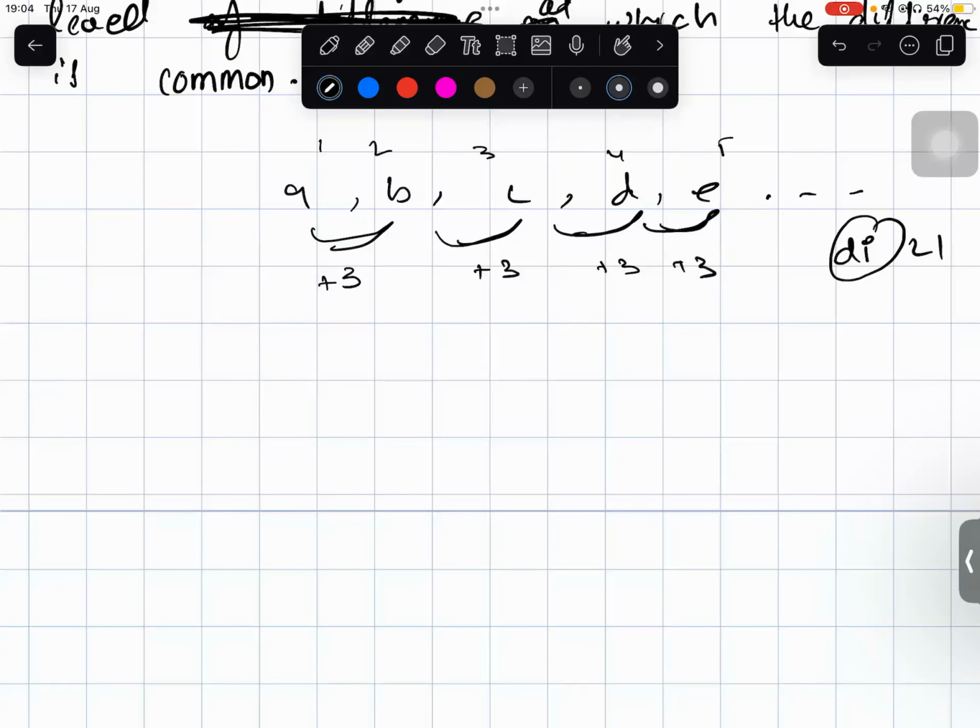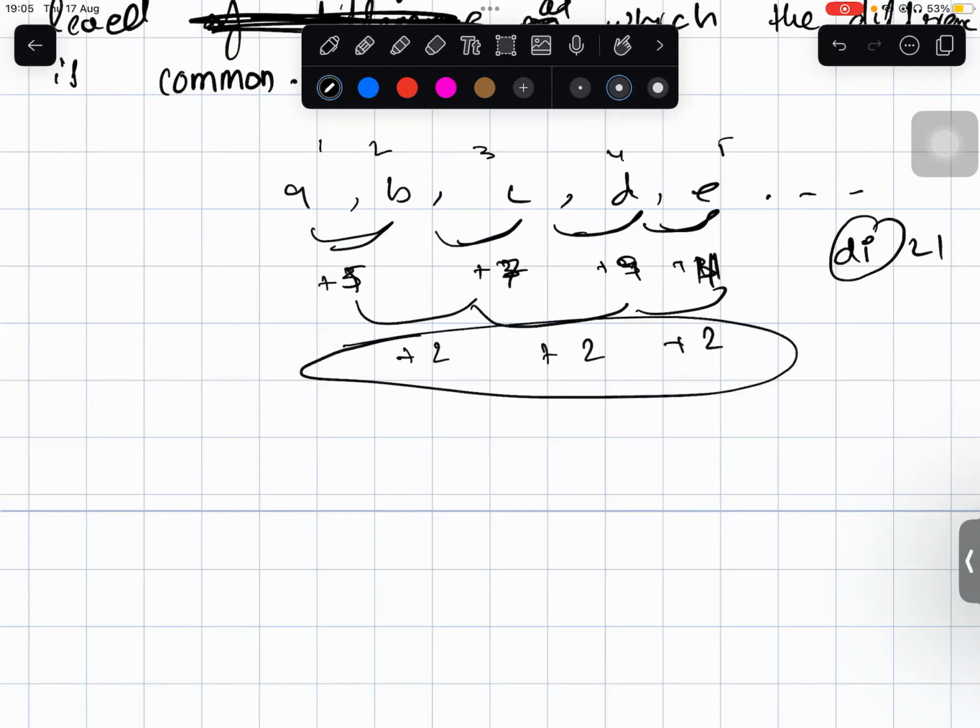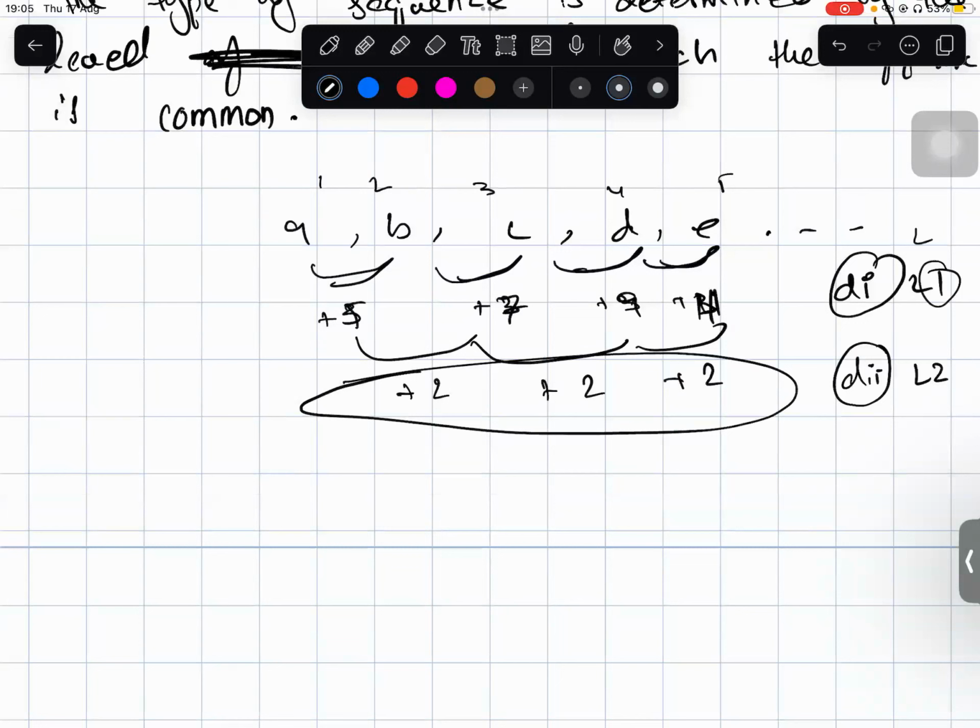If it is not the same, if it is like 5, then 7, then 9, then 11, then the difference will be the same on the second level. It's +2, +2, +2. In this case, this will be your level 2 or D2. So the first case, level 1, will be your linear sequence. The second case will be a quadratic sequence.